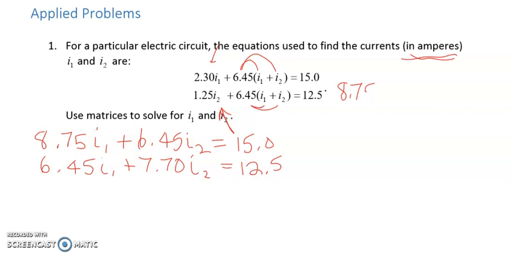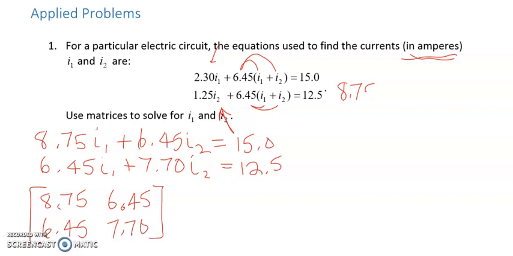So there's what the equations actually become when you write them in the proper order. And now, make sure you write as well the matrix equation. I do want to see that. So you're going to have 8.75, 6.45, and 6.45 here, and 7.70 down below. That's your coefficient matrix. You're going to multiply that by your variables, I1 and I2.